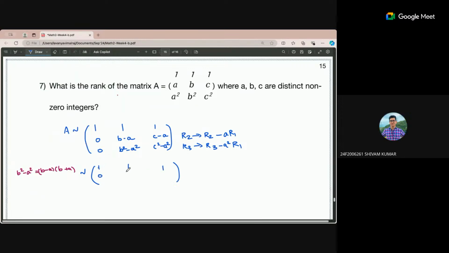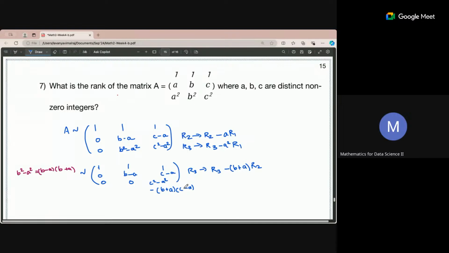R3 equals R3 minus B plus A times R2. If you do this, this term will become 0 and here you will have C squared minus A squared minus B plus A times C minus A.